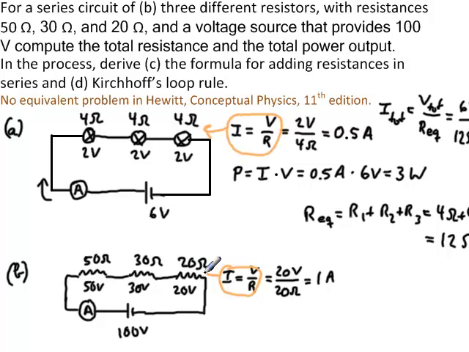Then of course it would also be 30 volts divided by 30 ohms, 50 volts divided by 50 ohms. And a total current of 1 amp applies to all of them.